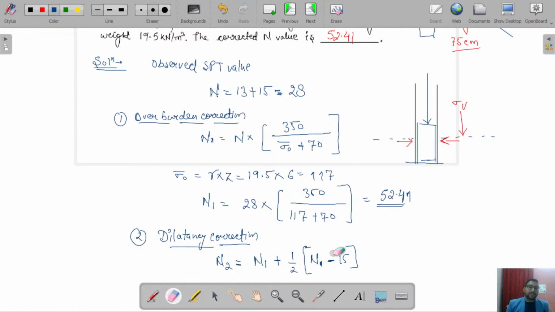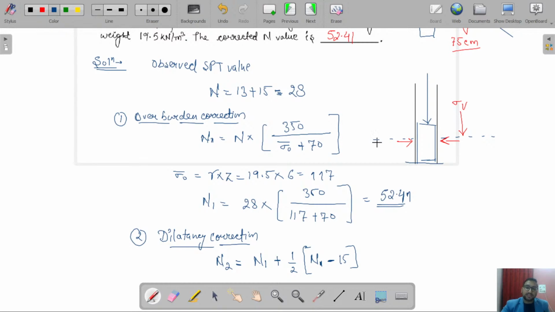What is the dilatancy correction? It is N1 minus 15. As it is not mentioned where the water level is, this dilatancy correction is not needed.